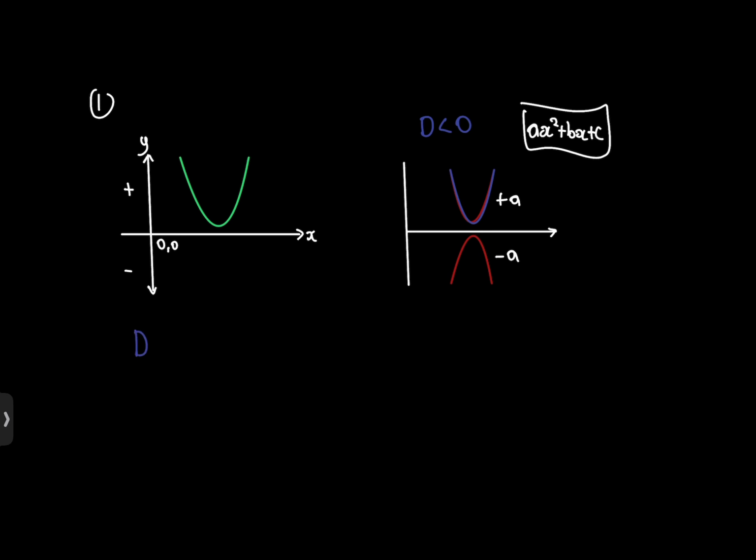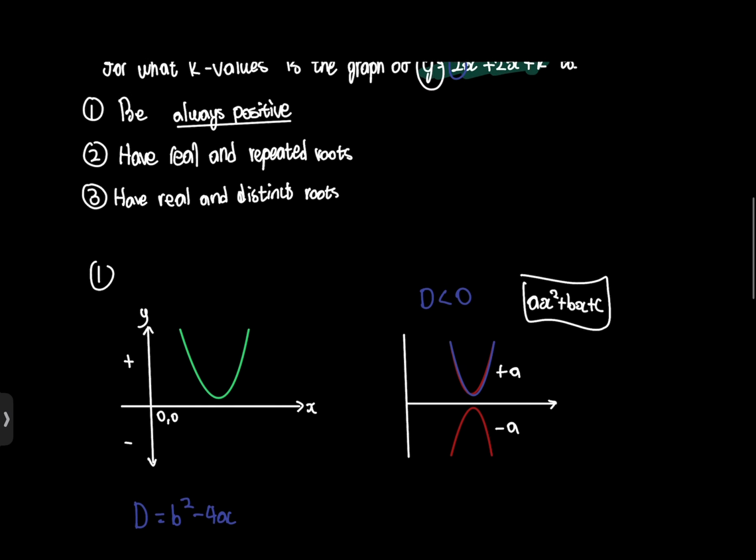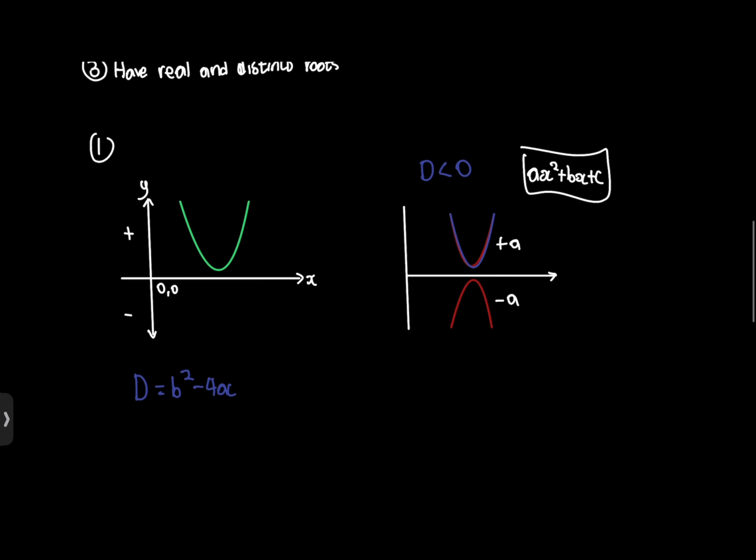So what does our discriminant equal? Well, our discriminant equals b squared minus 4ac, yes? So let's compare it to this equation, 2x squared plus 2x plus k. So what do you think is our b? If I were to say that this is ax squared plus bx plus c, what do you think is b?